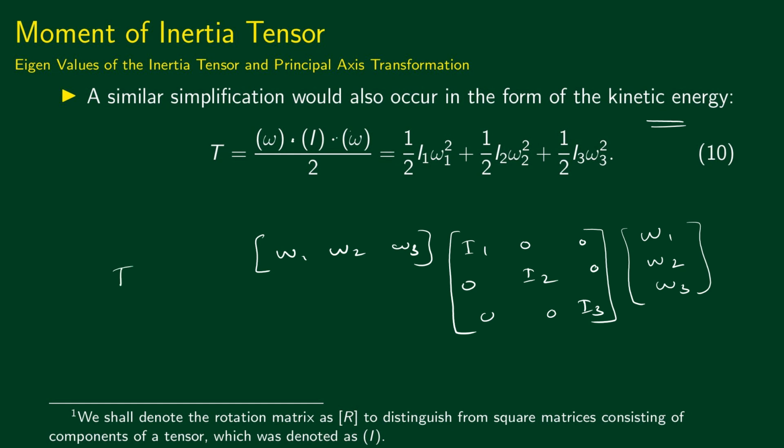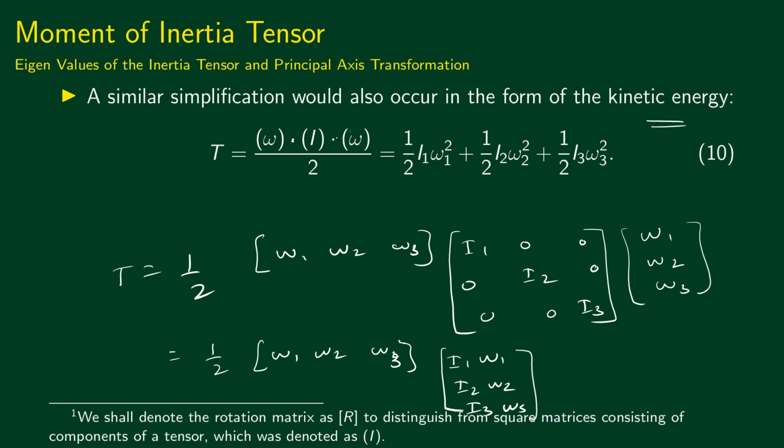So let me write T is equal to half, the row matrix omega 1, omega 2, omega 3, then the square matrix I, which is diagonal in this basis, and then the column matrix with the components of the angular velocity vector. We could make this multiplication easily. This would become half omega 1, omega 2, omega 3 multiplied by the column matrix I1 omega 1, I2 omega 2, I3 omega 3.